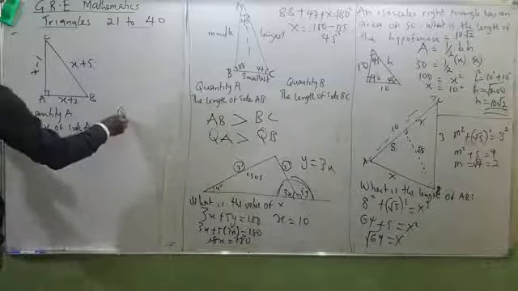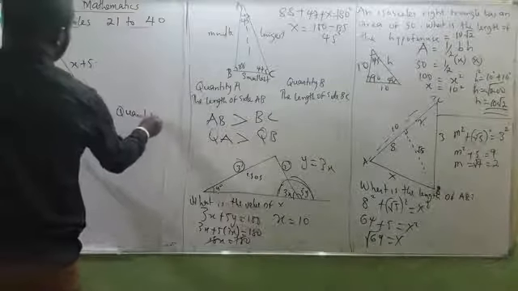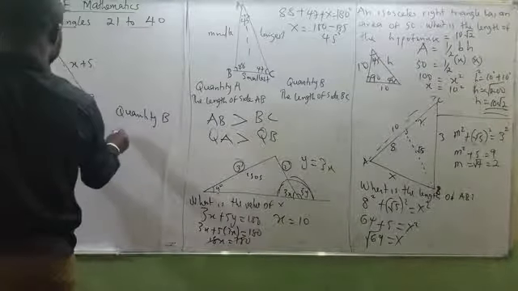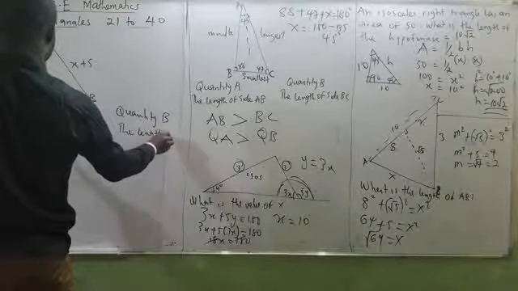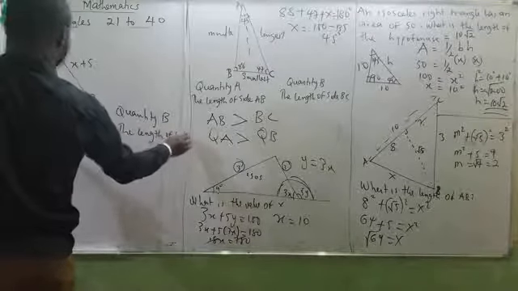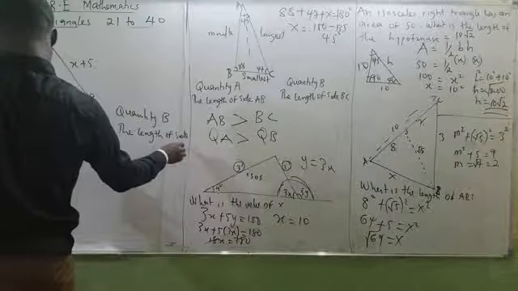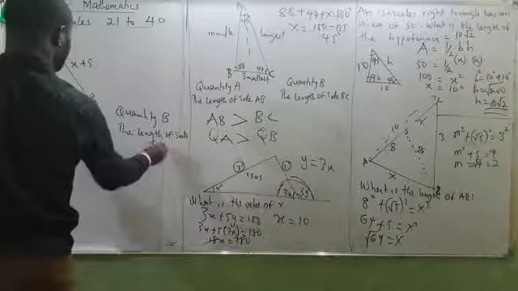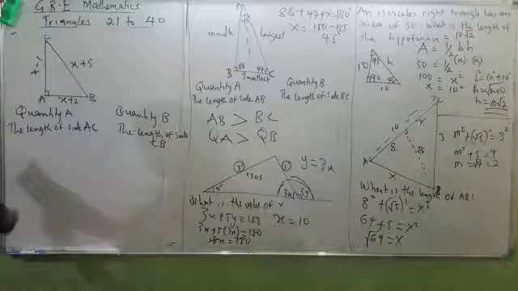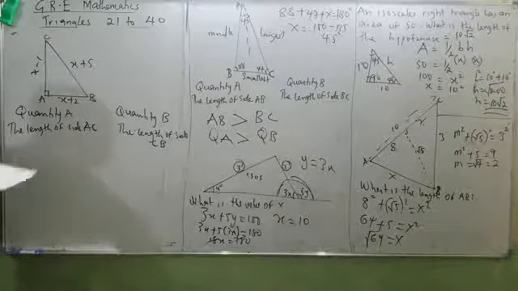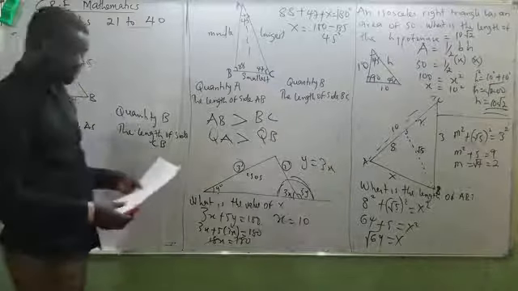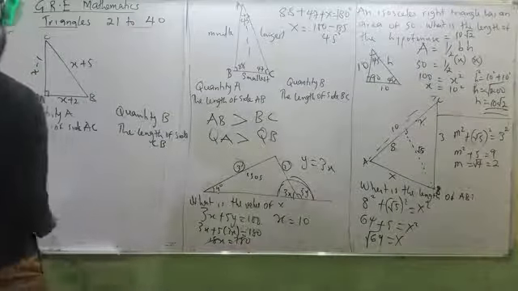And quantity B is the length of side CB. Now look at this. It's very straightforward and very easy to attempt.